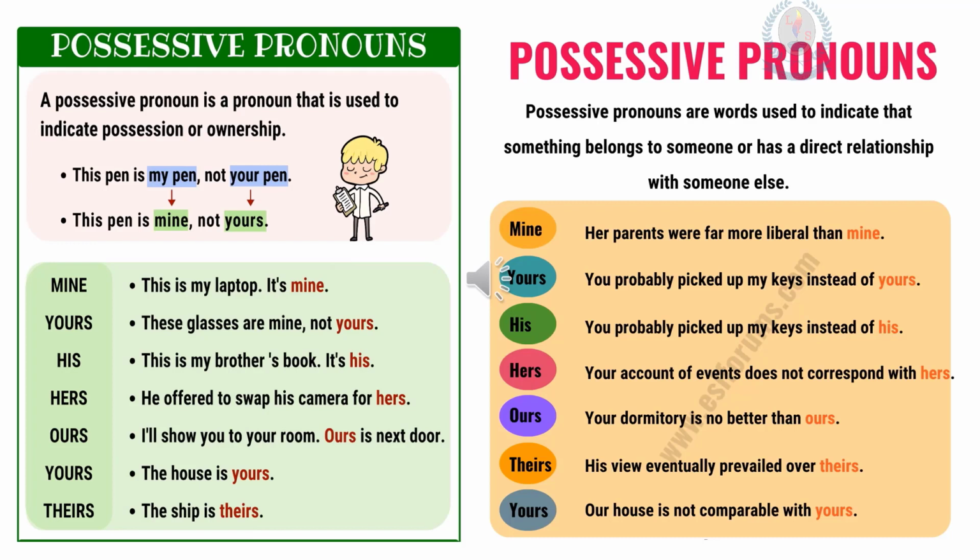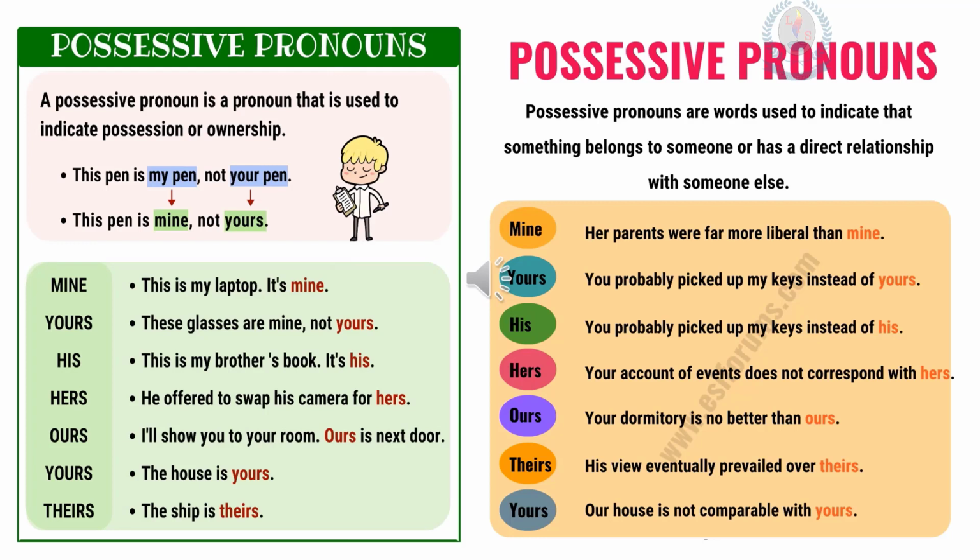Now see the example. This pen is my pen, not your pen. This pen is mine, not yours. Can you see? Instead of my pen, they have used the possessive pronoun mine. Your pen, yours. Can you see the difference here?